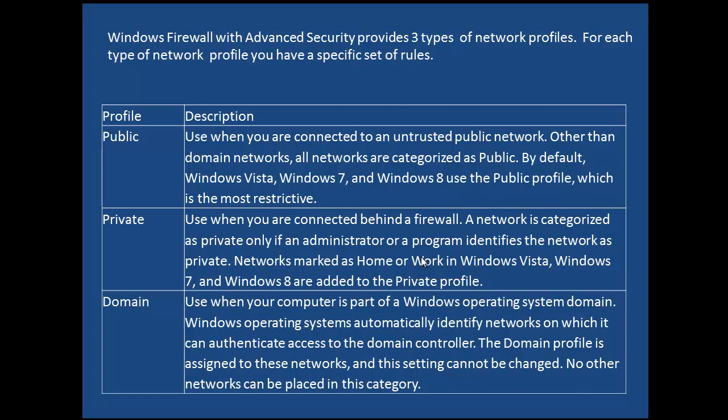Now, this setting cannot be changed and no other networks can be placed in this particular category for the domain profile. You are the domain administrator. You have the default domain profile. You can go in and make changes on inbound and outbound rules for that particular profile.